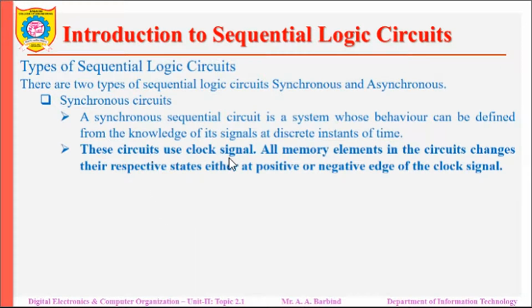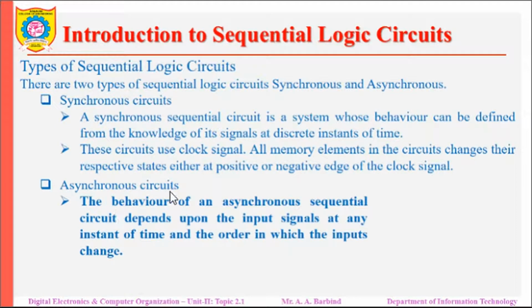These circuits use a clock signal. All memory elements in the circuit change their respective state either at the positive edge of the clock or at the negative edge of the clock signal.